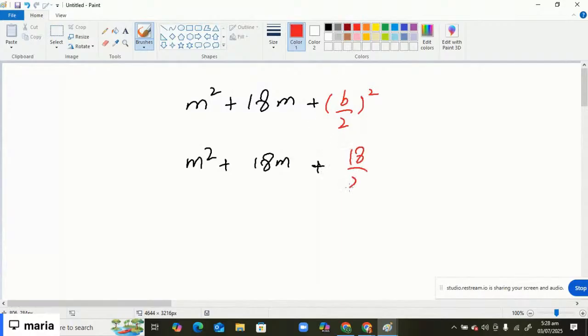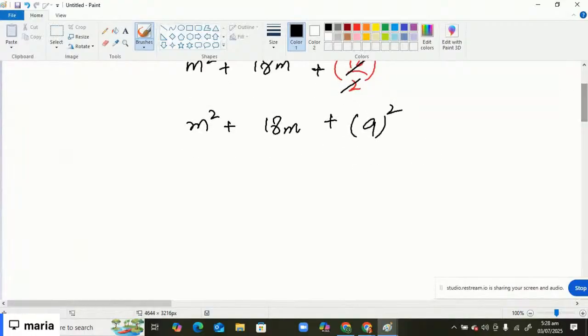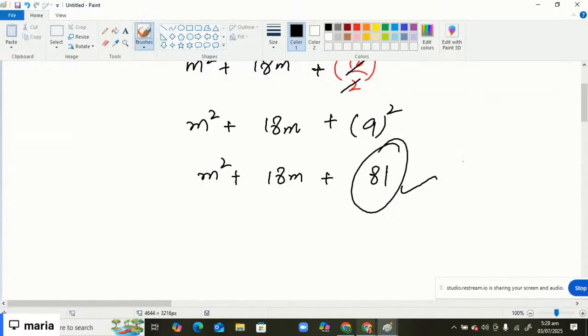That is 18 over 2 whole square. 2 times 9 is 18, plus 9 whole square. Now m square plus 18m plus 81. 9 times 9 is 81, and this is your missing number.